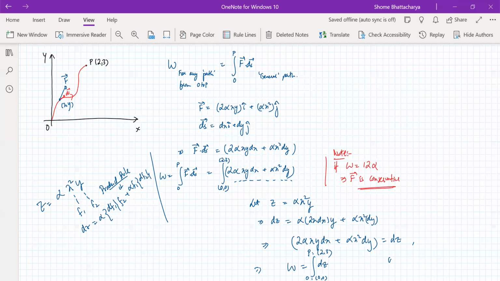The point O where 0, 0, that corresponds to Z being how much? 0. Because remember what was Z? Z was alpha x square y. And the point P, which is 2, 3, the value of Z is how much? It is alpha into 2 square into 3. So it is 12 alpha.